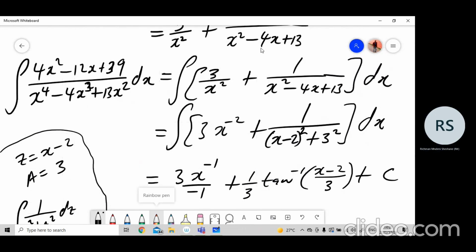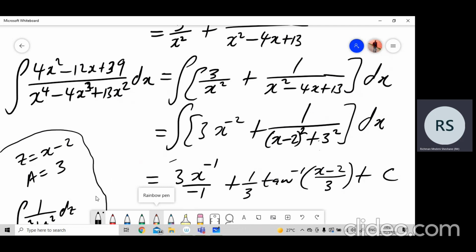Just to summarize, we didn't have the standard form. We put this into partial fractions, and then after putting it into partial fractions, we just integrate. We noticed that to integrate the second term, we just require integration by completing the square. We completed the square here, and then we chose z and a just to have an idea which formula we're going to use. So we want to integrate anything in the form of 1 over z squared plus a squared.